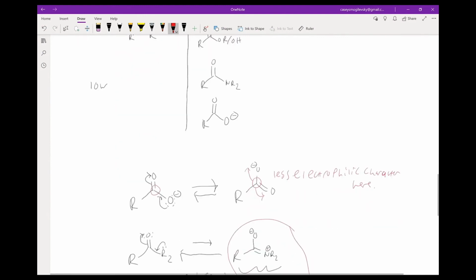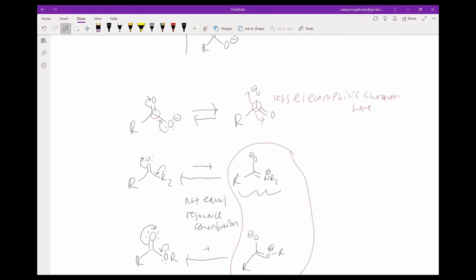One could say that this oxygen is electron donating. It's donating some of its electrons into this resonance system, which helps, or no, let's not say stabilize, it helps make this carbon less reactive.